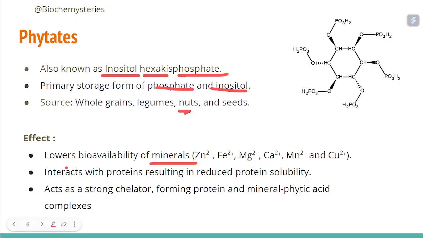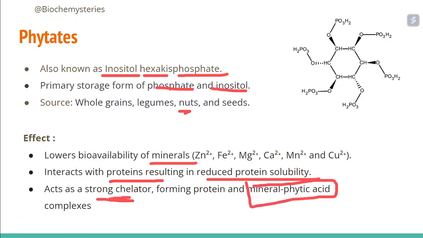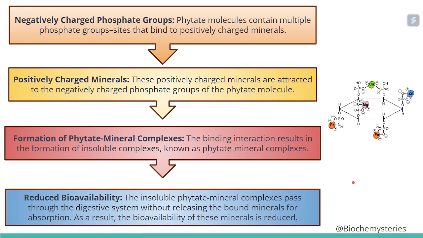Second, it interacts with proteins, resulting in reduced protein solubility. Phytates are strong chelators which form a mineral-phytic acid complex, which hinders the mineral absorption. If we talk of the mechanism of action, again here we can see these different phosphate groups attached to the mineral ion.